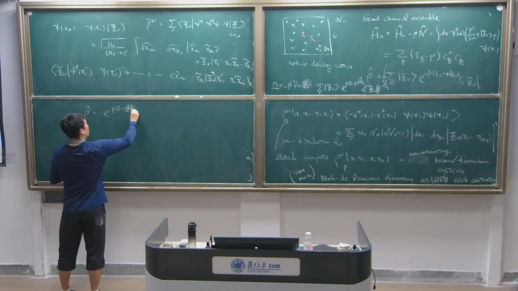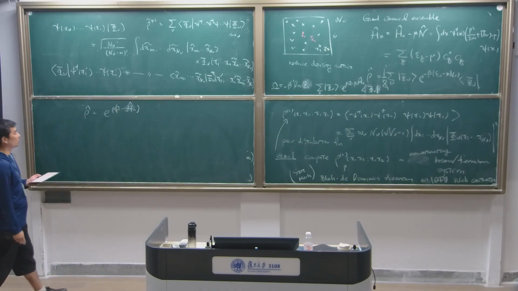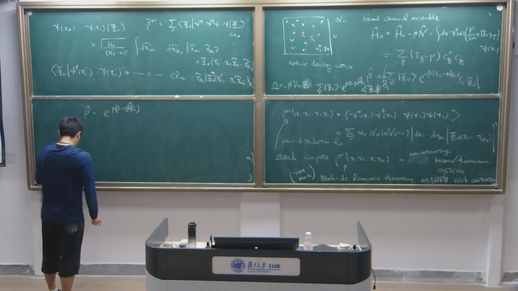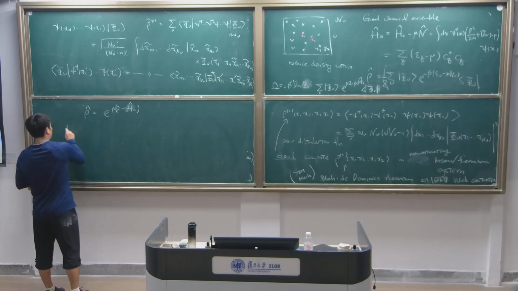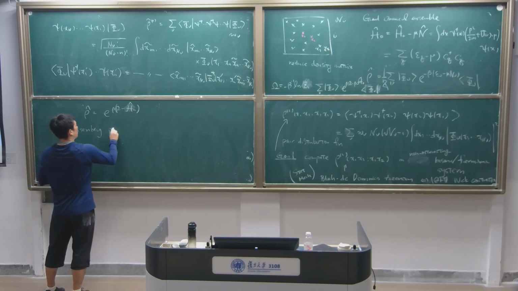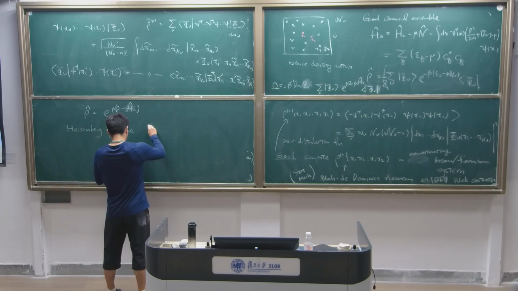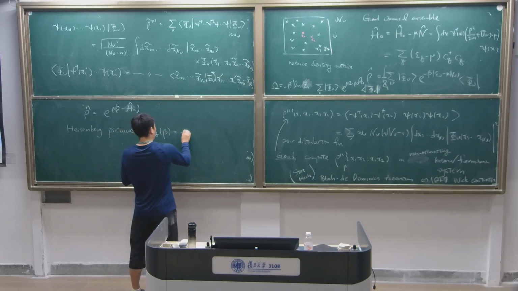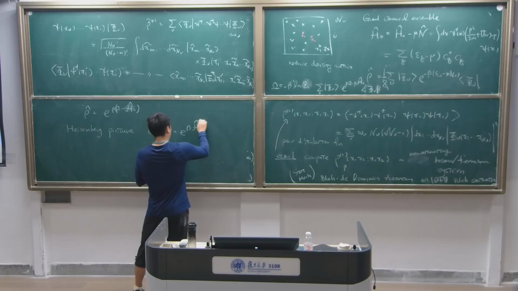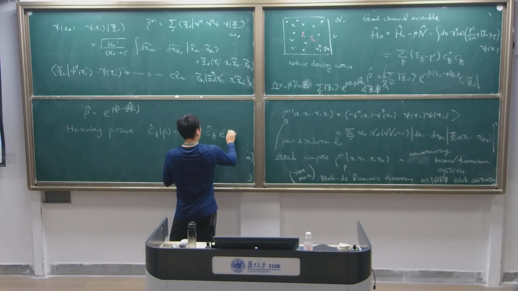So this is the normalized density matrix. And if you go to the Heisenberg picture of the operator, C hat of q of beta is given by e to the beta curly H hat, C hat of q, e to the minus beta curly H hat.